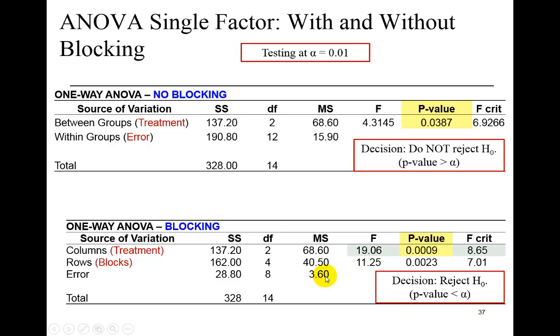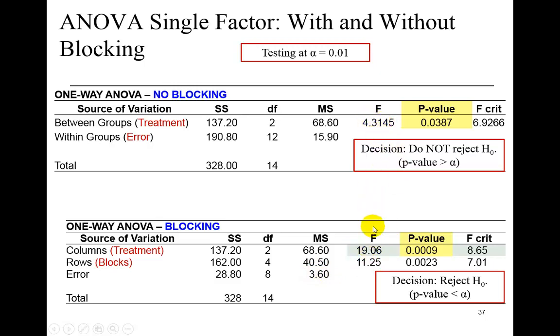For this reason, this F statistic of 19.06, which is calculated as the ratio of the mean square treatment of 68.6, the same as it was without blocking, and the mean square error, which is now much smaller, comes out to be a much larger number than it was previously.